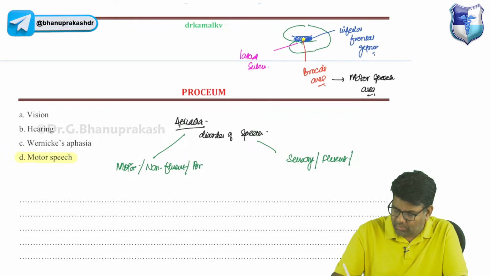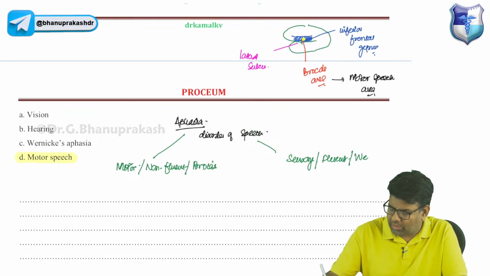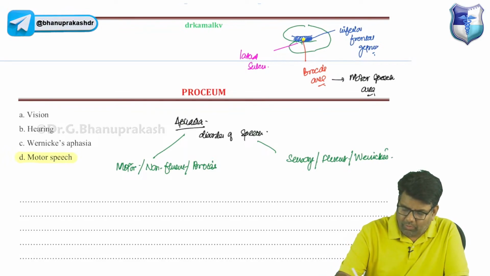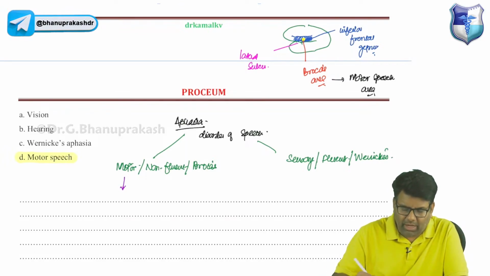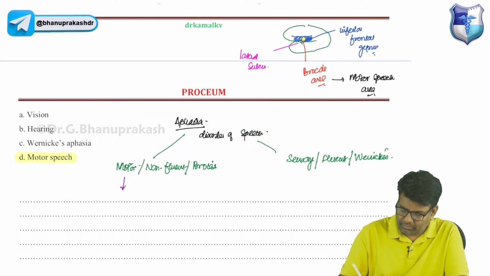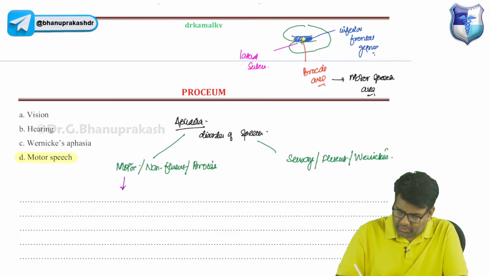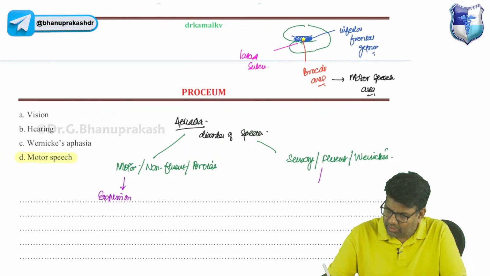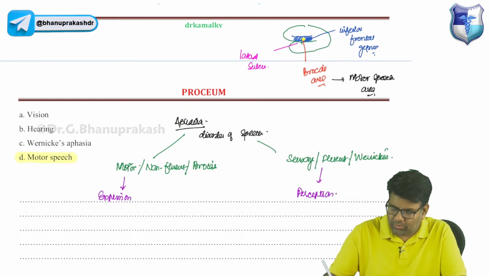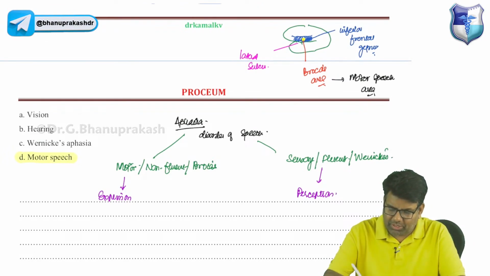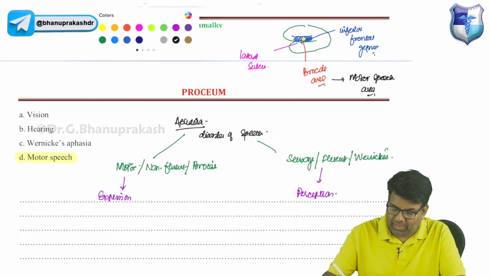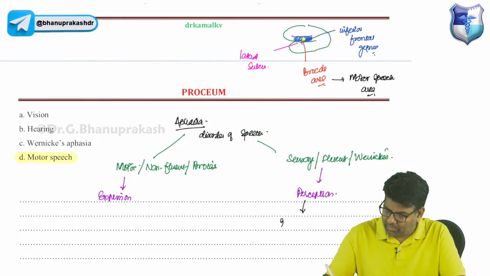It's also known as Broca's, and the other is Wernicke's. Now what happens? Motor area is about the expression, and Wernicke's is about perception. So if there is any damage to Wernicke's area, what will happen? The patient will not understand what is being asked. So impaired comprehension.